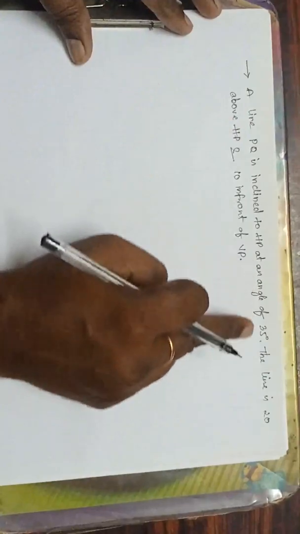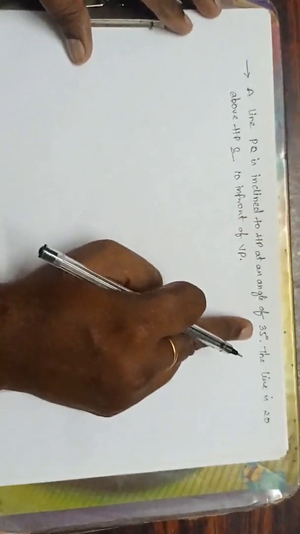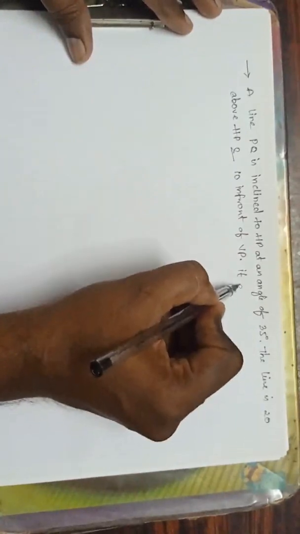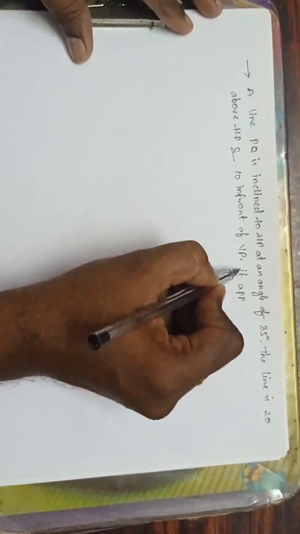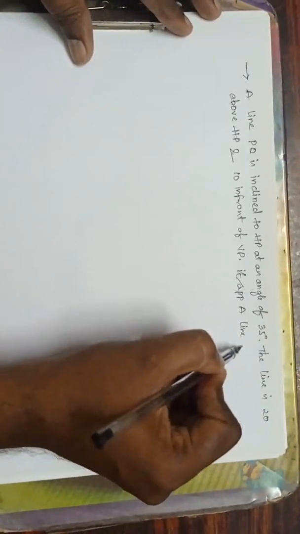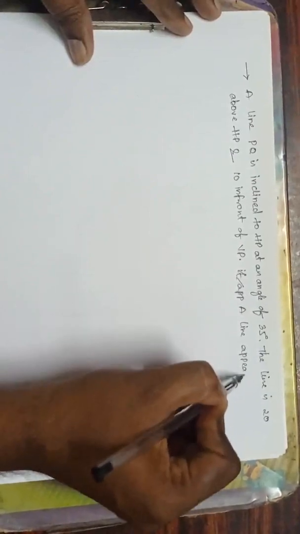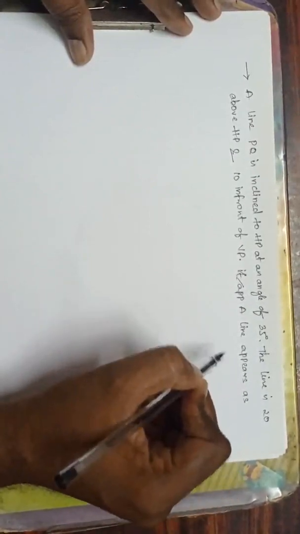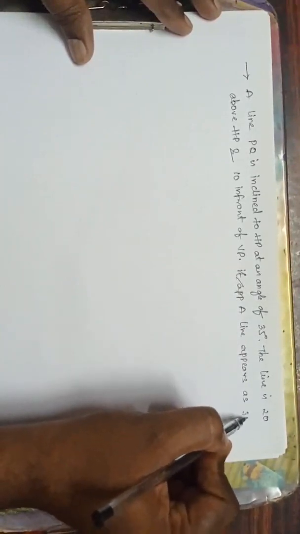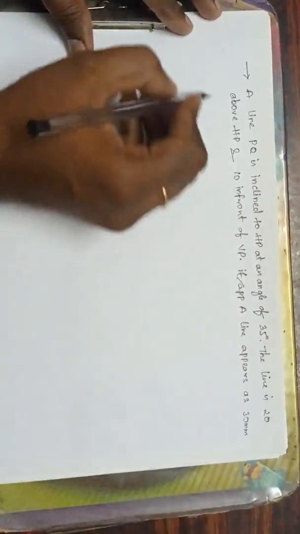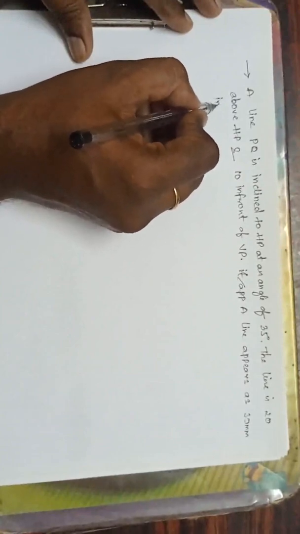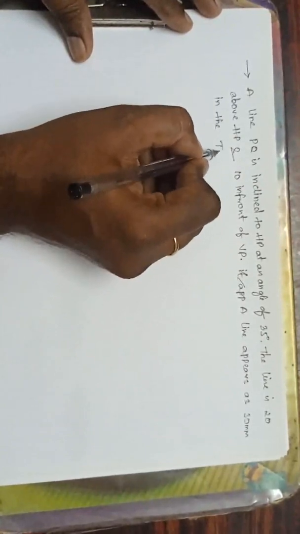Now what is it? He said it is inclined at 35 degrees to the HP. Now it appears as, a line appears as 30 mm in the top view.